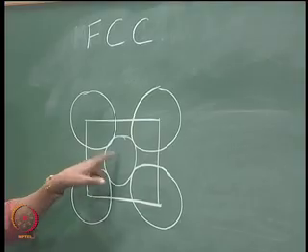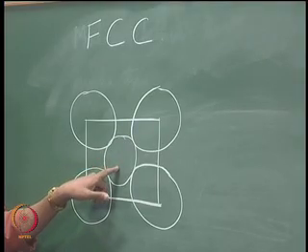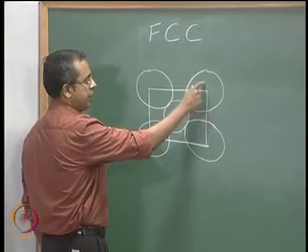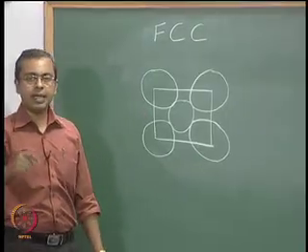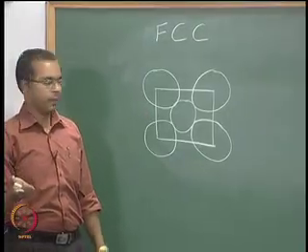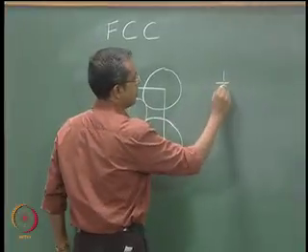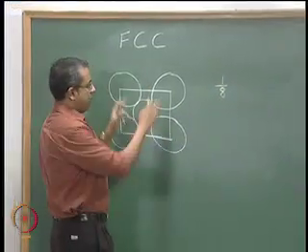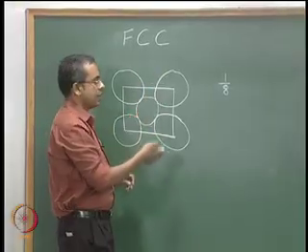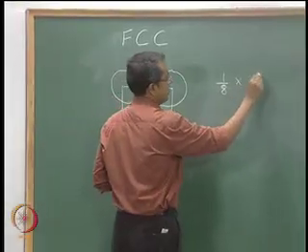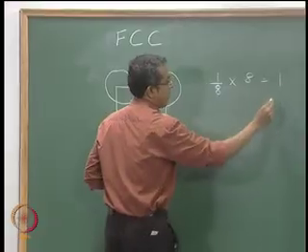If you look through the calculations of how many atoms there are, again every corner atom is shared by 8 cubes, so 1/8 of every corner atom, and there are 8 corner atoms, so 1/8 into 8, so 1 atom.